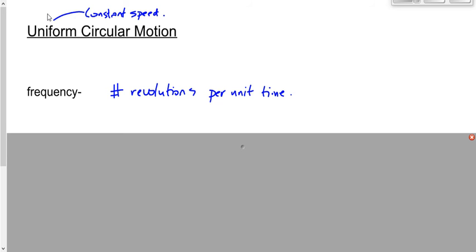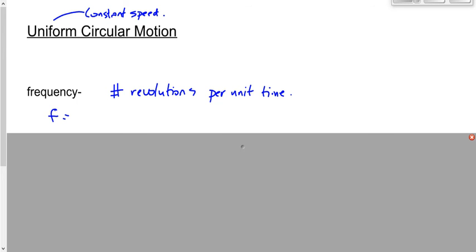Now we're talking about the number of revolutions per unit time. Usually it's per second, by the way. The symbol for frequency is a lowercase f. Can't be a capital F, because a capital F would be what? Force. And we're going to use force in this unit. So we don't want to get mixed up between frequency and force. Let's make sure we make force capital F. Let's make sure we make frequency a lowercase f.